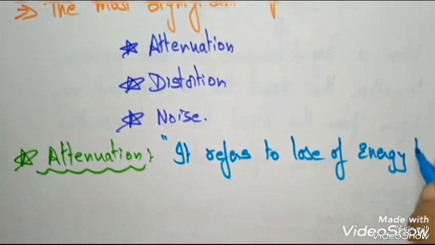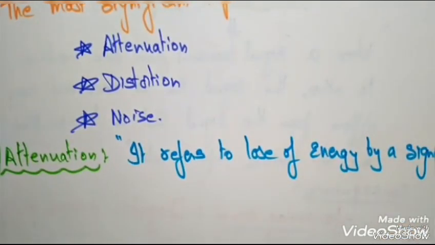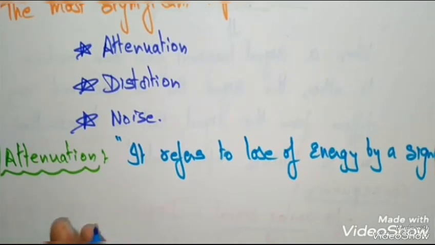Attenuation weakens the power of the signal and reduces the strength of the signal. Whenever a signal is transmitted through one medium to another medium, it loses its energy. Losing energy is the major problem here. Attenuation causes the loss of energy in the signal.